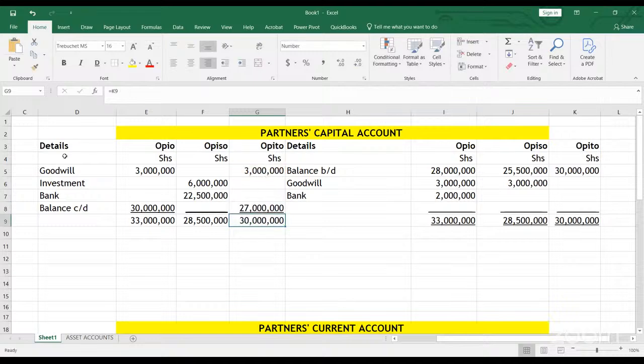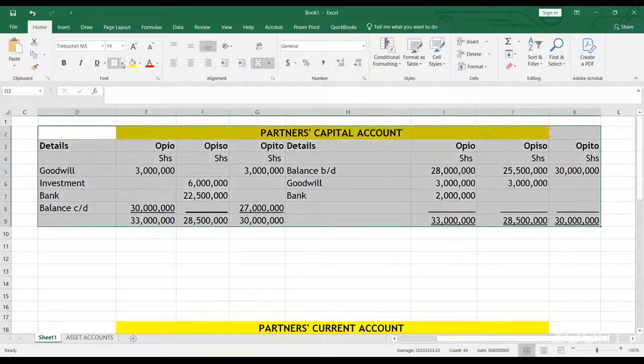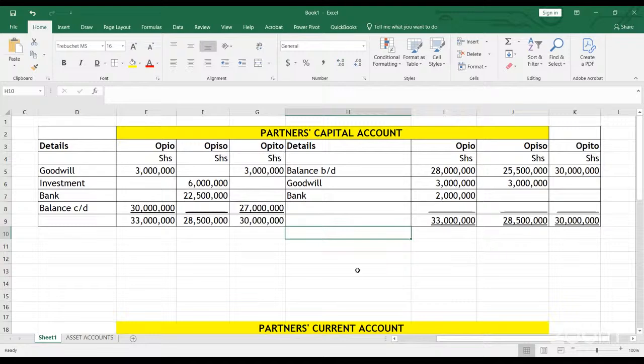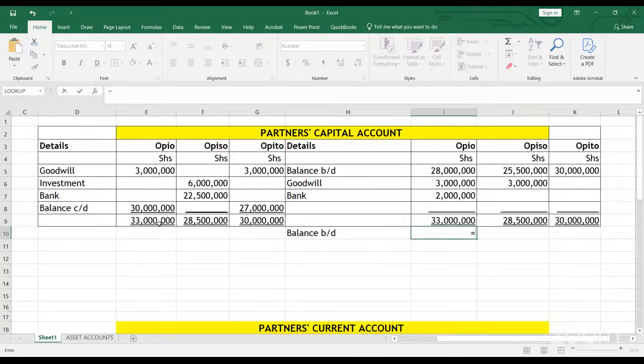So that is our partner's capital account. For those partners who are remaining, their capital account will have a balance brought down, and this is what they will start with at the start of the next period.